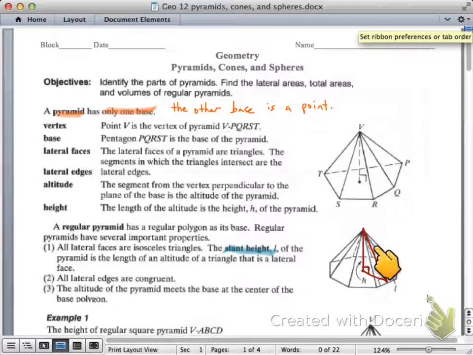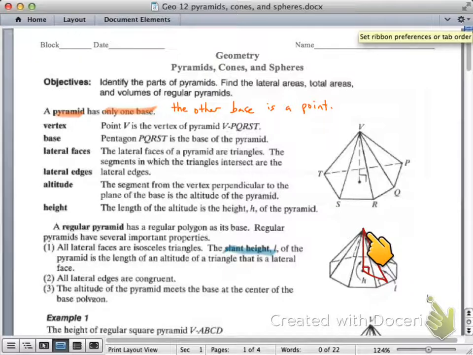The one thing that's mostly different about it is that there's more than one height. I'm not going to end up asking you questions about this, but I do want you to hear this. There's two heights to this pyramid. There's the height of the pyramid itself from the base to the vertex, but then there's what's called the slant height, which is the height that goes along with the lateral faces, like what we had of the lateral faces of a prism.